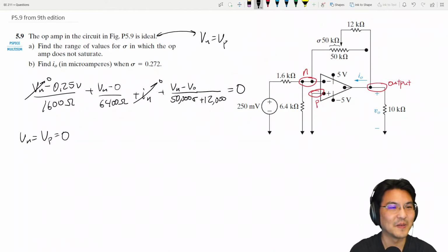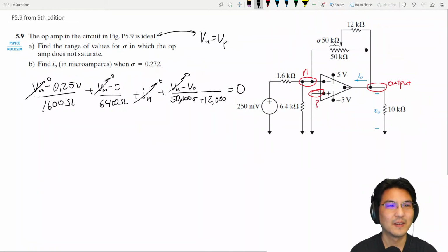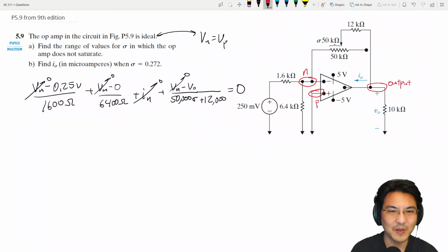So this is 0, that's 0, that's 0. That means we only have one unknown, where we want to solve for this in terms of a variable, this.